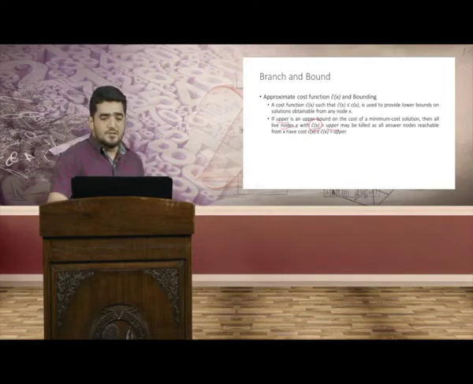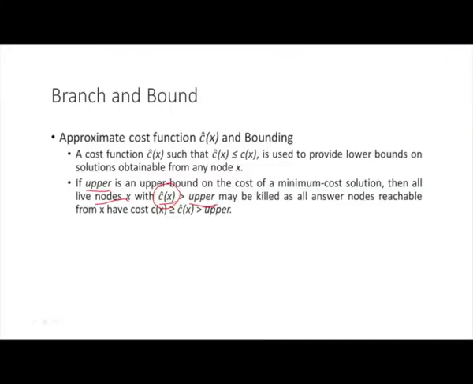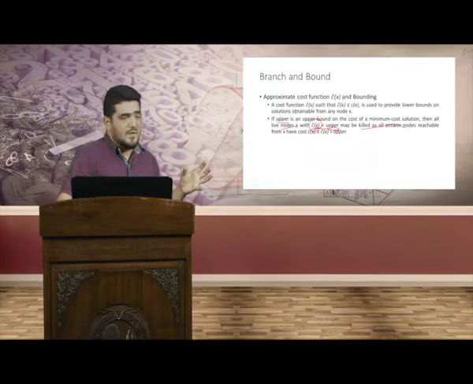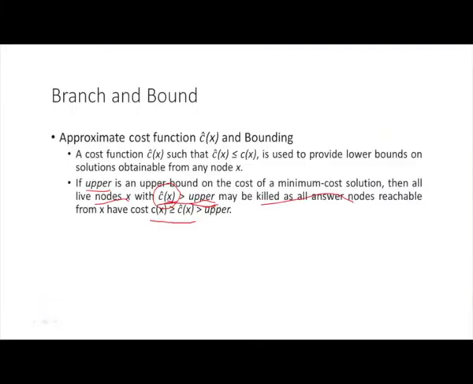So if this approximation function gives us a value which is greater than some upper bound, which in our case is considered to be the worst case, so if it gets worse and worse if we, for example, expand a particular node x, there is no need of expanding that particular node x, thus we can simply kill that node, and all nodes which are reachable from x obviously will have this cost greater than or equal to the approximate cost function, which is greater than or equal to the upper bound, and we do not need larger values because we have generalized our problem to a minimization problem.